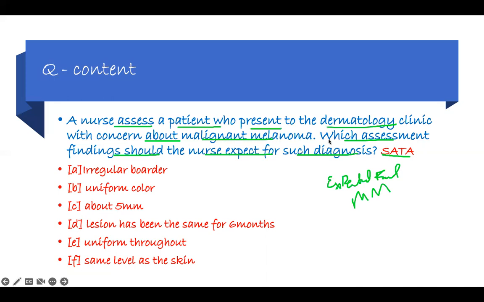The question is asking which assessment finding the nurse would expect for such a diagnosis. That means I'm looking for the expected finding for malignant melanoma. You see, I've broken it down into two lines. If you have malignant melanoma, what should I expect on physical exam? That's all. Three lines, I have two words.